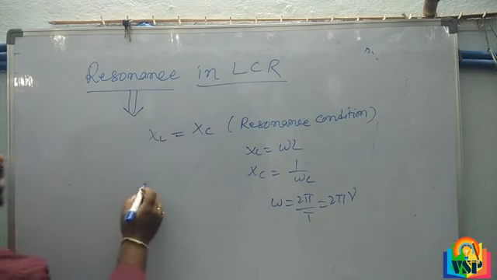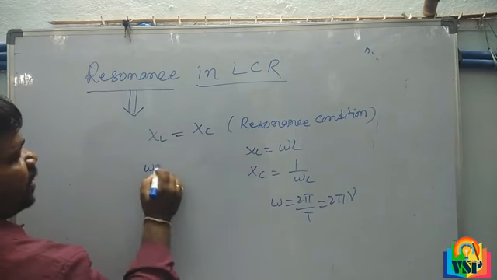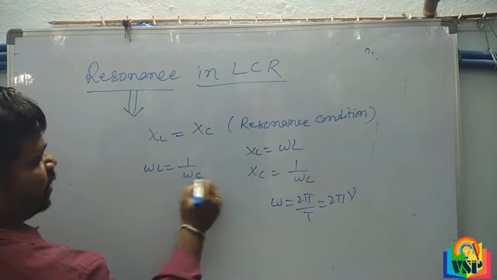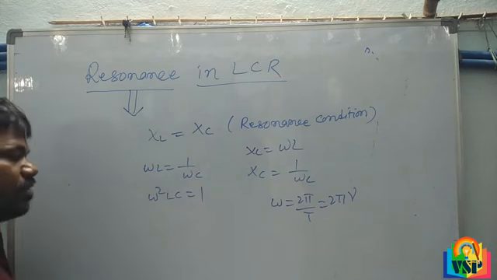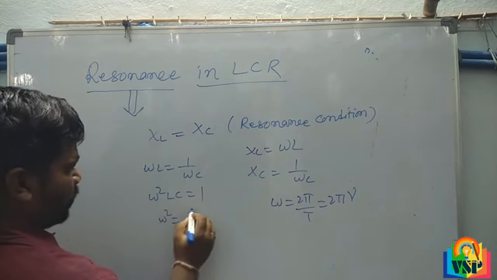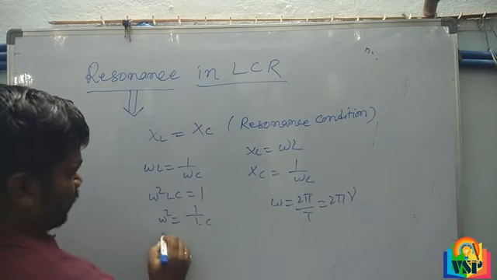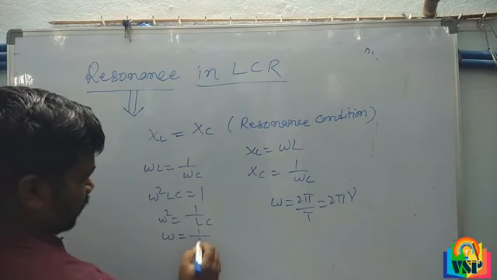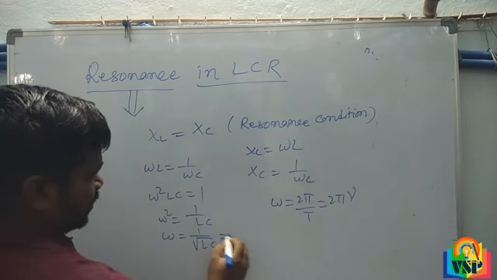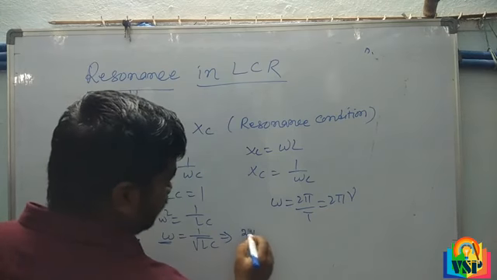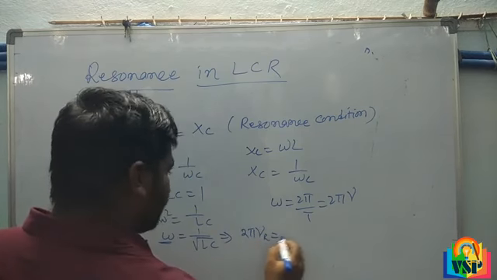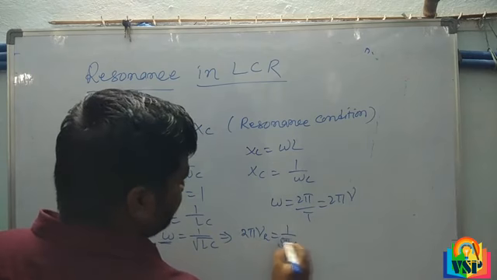Using this, omega L is equal to 1 by omega C. Omega square LC is equal to 1. Omega square is equal to 1 by LC. Omega is equal to 1 by root of LC. Since omega is 2 pi nu, 2 pi nu resonance is equal to 1 by root of LC.